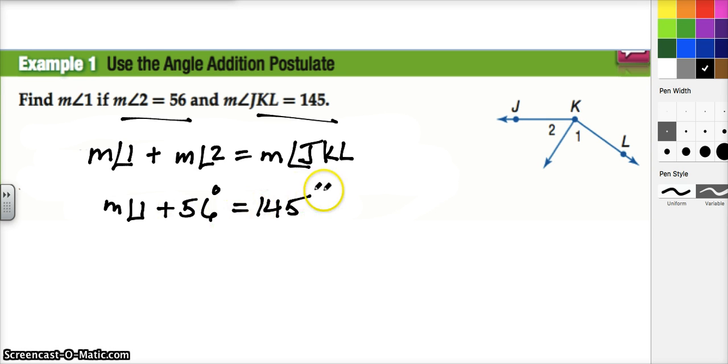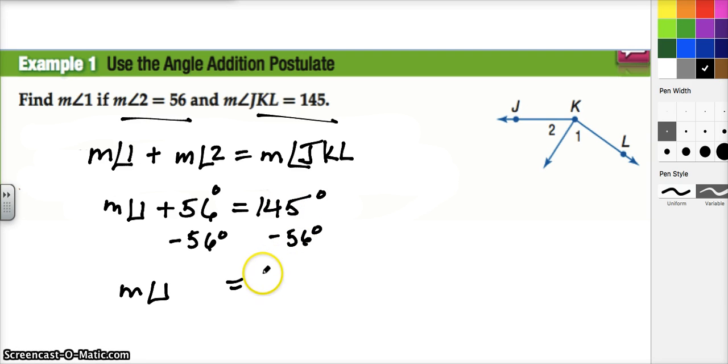The next thing I'm going to do is the Subtraction Property of Equality, subtracting 56 from both sides. When I do that, 56 minus 56 is 0, so I'm not going to put anything there, and 145 minus 56 is going to give me 89. So I know that the measure of angle 1 is 89 degrees.